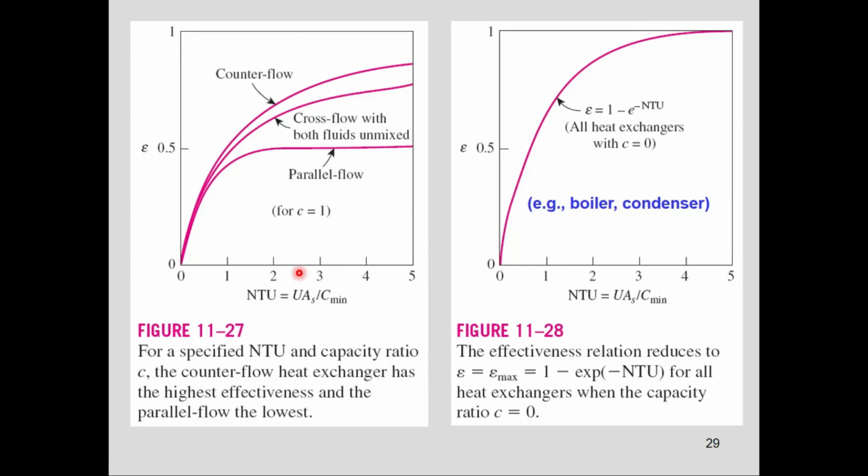So this is the case. If we specify the value of the NTU, which is 3, and these are the graphs for a capacity ratio of 1, then at an NTU of 3, the maximum effectiveness would be for the counter current flow, followed by the cross flow arrangement with both of the fluids unmixed, and the minimum value of the effectiveness is for the parallel flow arrangement.